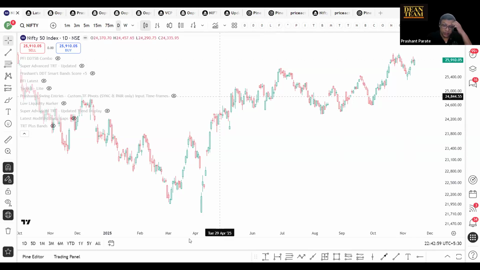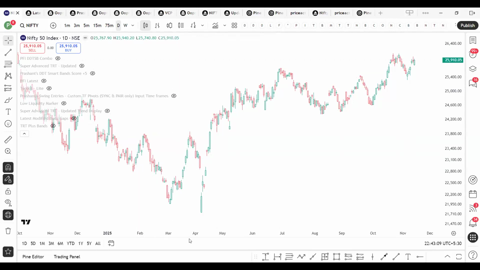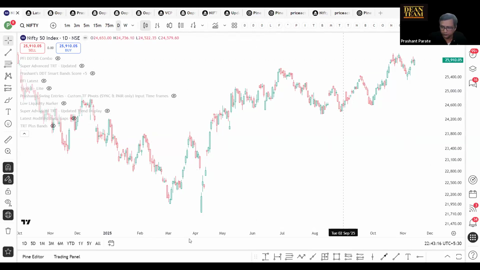So, can you tell some name of a favorite stock which you are saying I should have bought at the bottom? We should look for buying at the bottom. Like Trent. Okay, Trent. Now see, this must be some buying area.